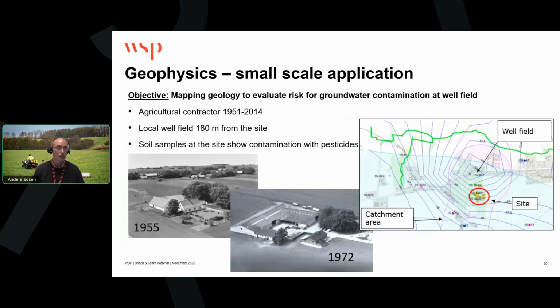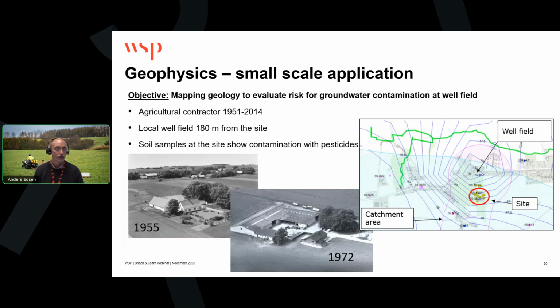I will take you to another example of the application of geophysics. In this example, the objective is mapping of geology in order to evaluate risk for groundwater contamination at a well field.